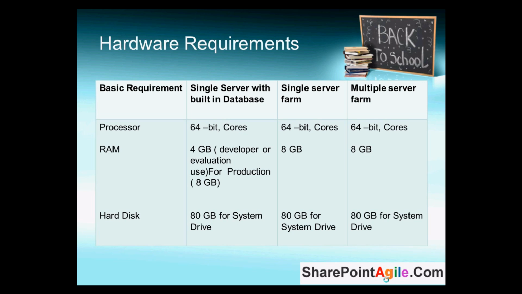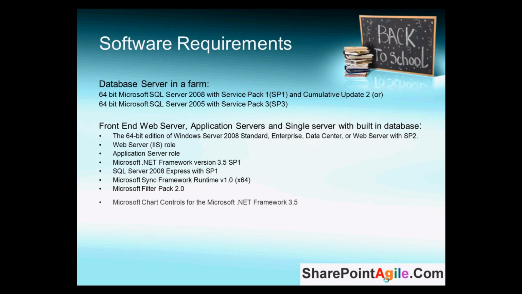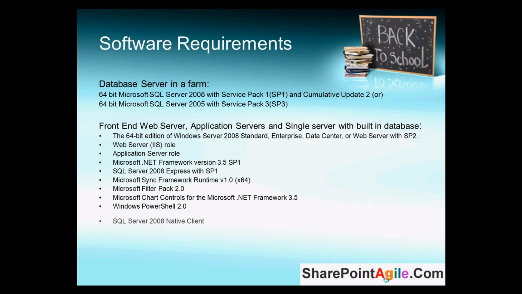Okay, so let's move on to software requirements. As I said, there are three different types of installation. You need to prepare each server with prerequisite software installed. So for example, what is the prerequisite for a database server in a farm? You could ask that question.